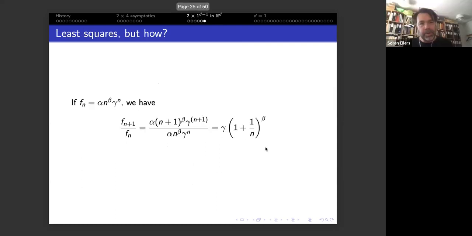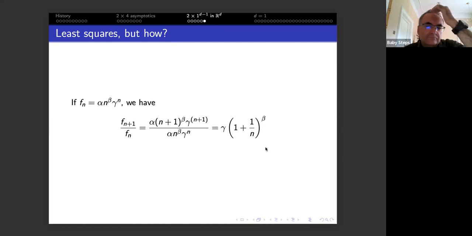So what you can do is say, okay, now I can have a computer do my computation for me, and then how do I estimate these numbers? And really what I'm interested in is estimating the gamma and the beta, right? So the gamma is the rate of growth, and the beta is the power that you see in this power term.